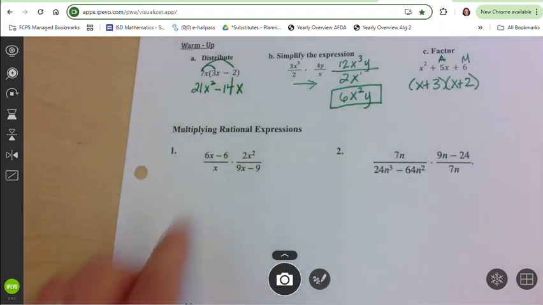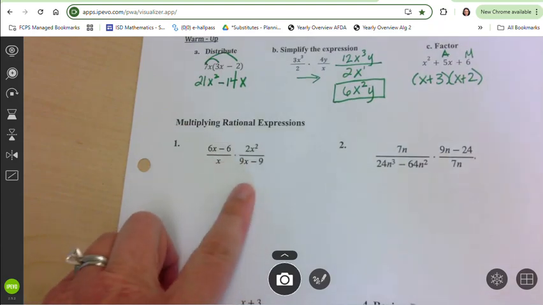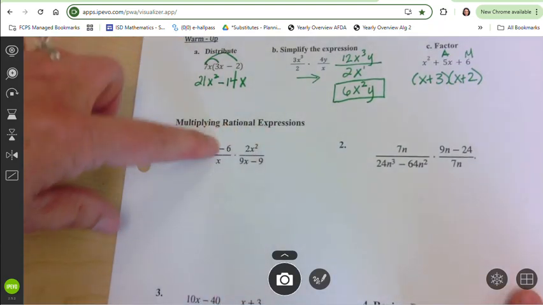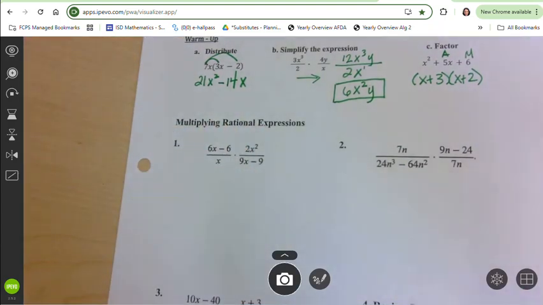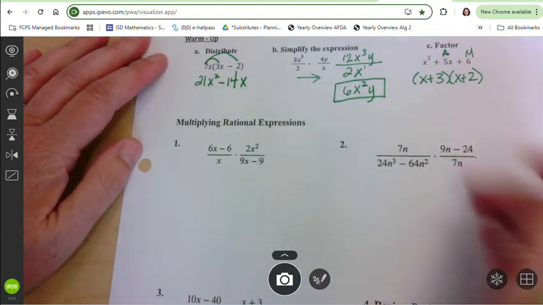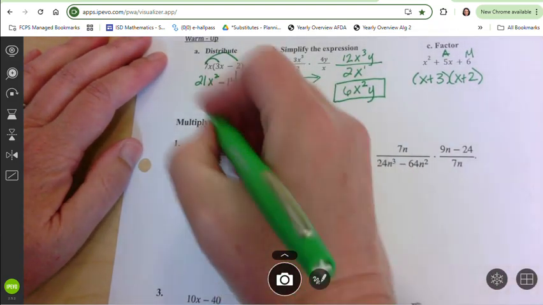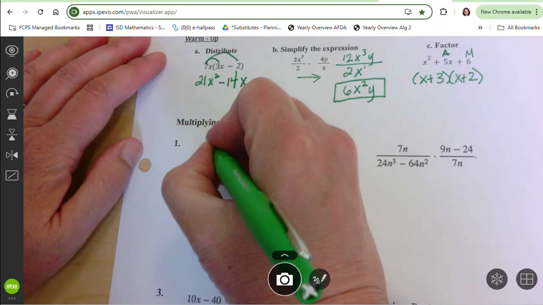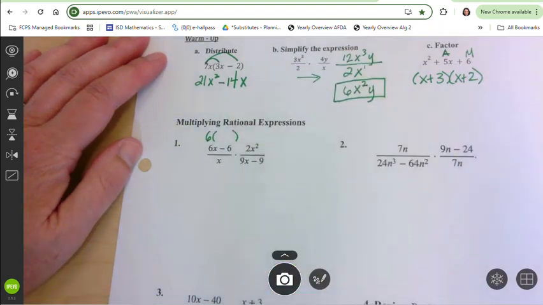So, when we multiply rational expressions, I could distribute this to everything, but the thing is, I'm really hoping something's going to cancel out, and for something to cancel out, it has to be multiplied. It can't be added or subtracted. So what I'm going to do is factor wherever I can. This problem has a common factor of 6, so I can take out my common factor of 6.